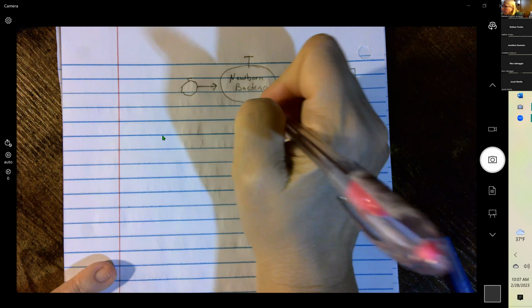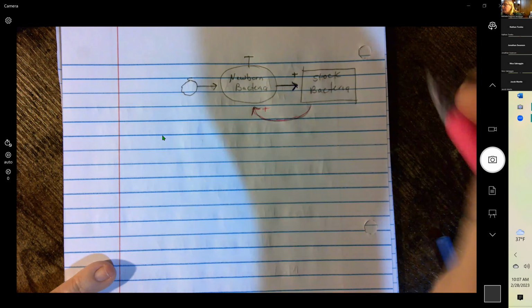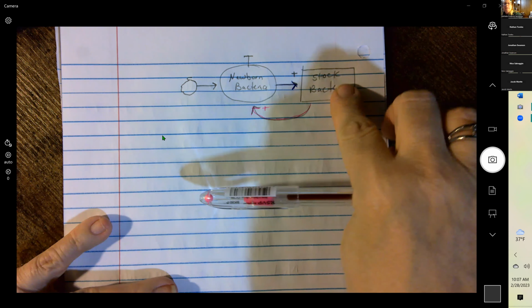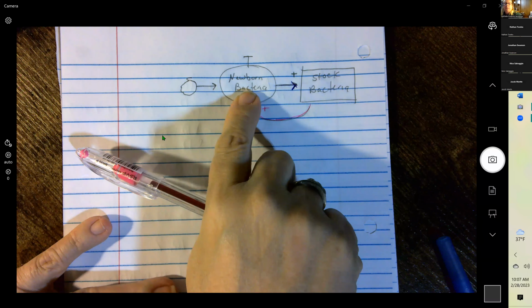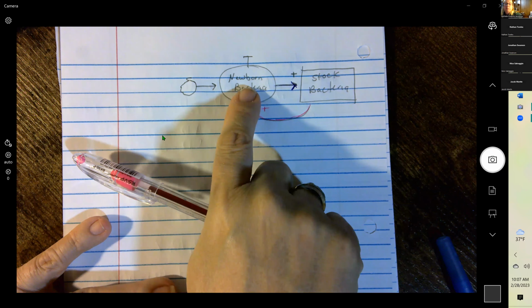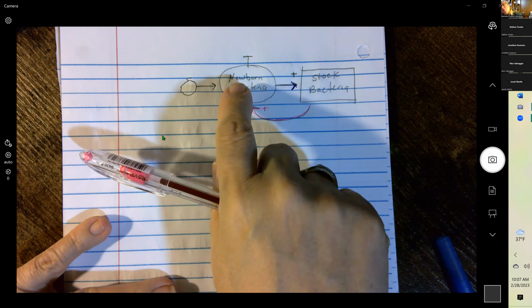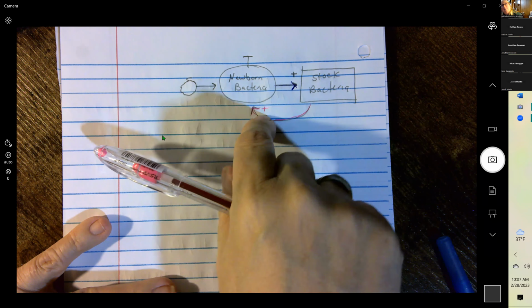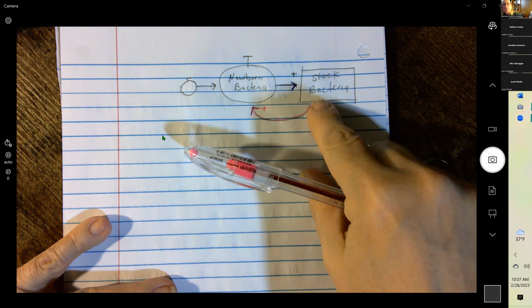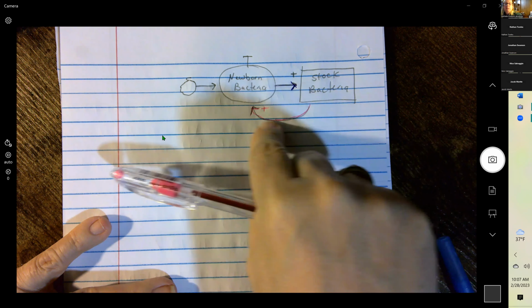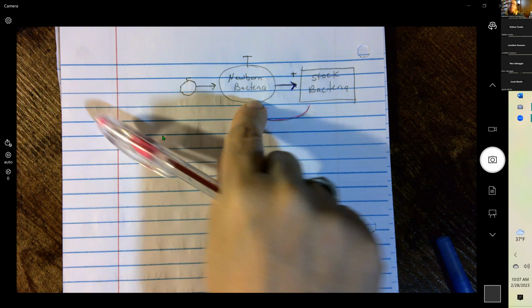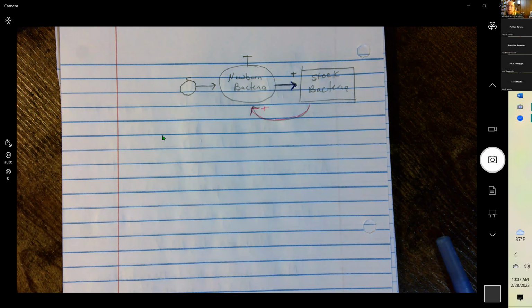So this would be a positive, because as this grows, the new bacteria grows because it keeps doubling. Now, if this was growing and this was decreasing, that's when you put your negative. But since it's growing and then this is growing, it's a positive. Any questions on that part?